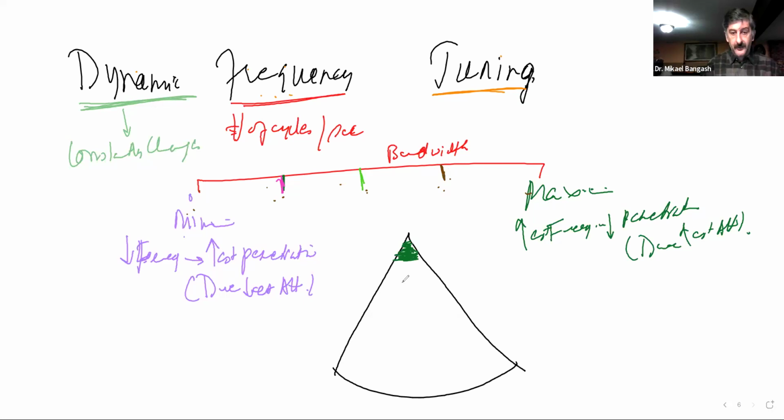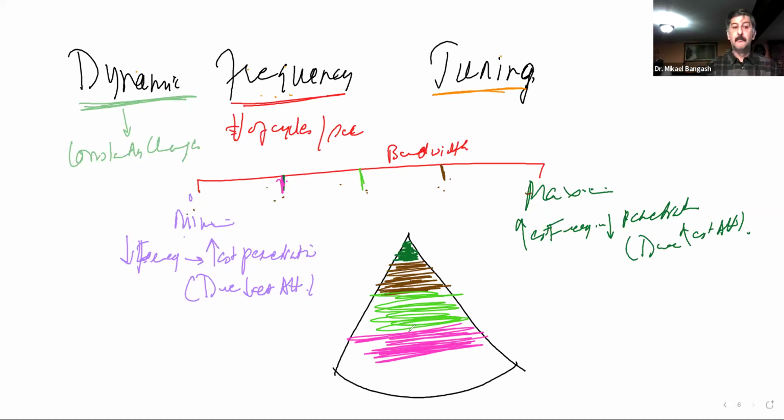The slightly lower frequency along the bandwidth will form this part of the image. The slightly lower will form this part of the image. The lower will form this part. And the minimum will form this one.